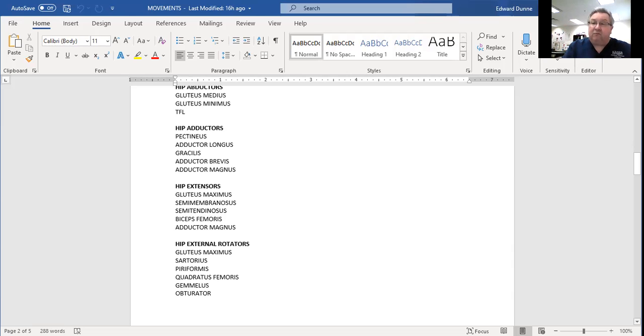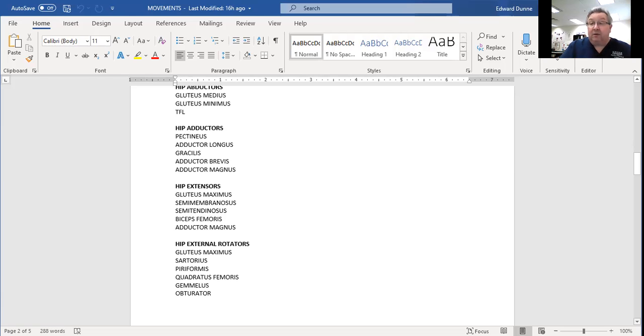And that pes anserine is an insertion point for 3 muscles: the gracilis, the sartorius, and the semitendinosus. Very important. So for the adductors, know the 3 adductors: longus, brevis, and magnus, and also gracilis. Those are the important muscles you'll need to know.